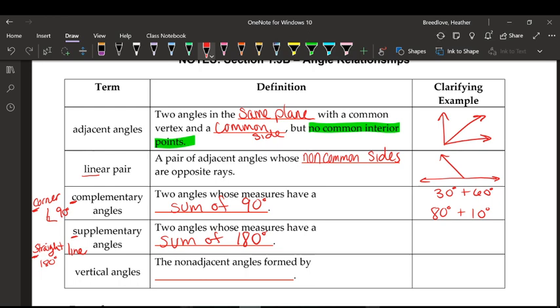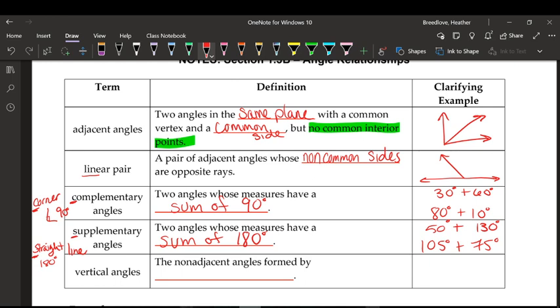So 50 plus 130, those angles would be supplementary. Or 105 degrees plus 75 degrees, those angles are also supplementary. So any two angles whose measures add up to be 180 degrees are considered supplementary. So remember, supplementary, S, straight line, 180. Complementary, C, corner, 90 degrees. Okay? Because I know those can be confusing, getting which one's which. C or S. Look at the first letter.